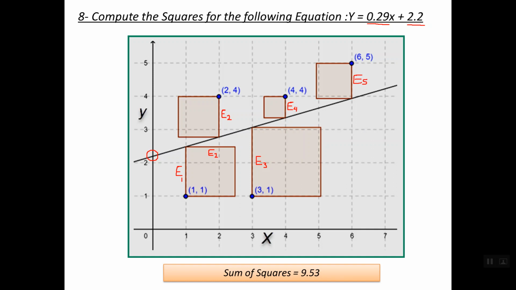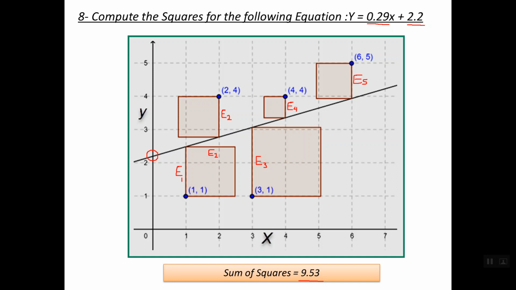If you square all of these errors, you will have five different areas of five squares. If you sum up all of these areas, you will get the sum of squares, and now we have a new sum of squares: 9.53.